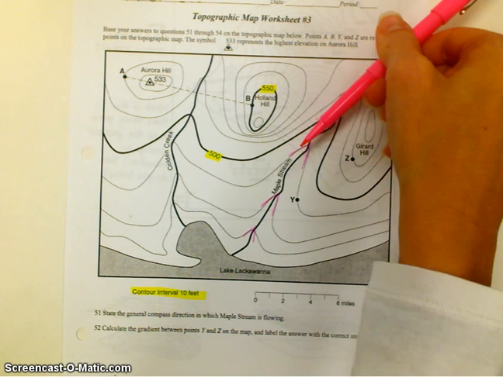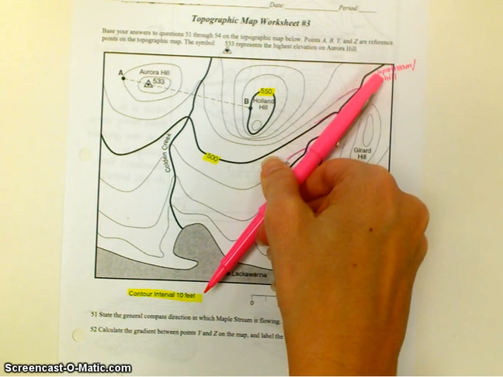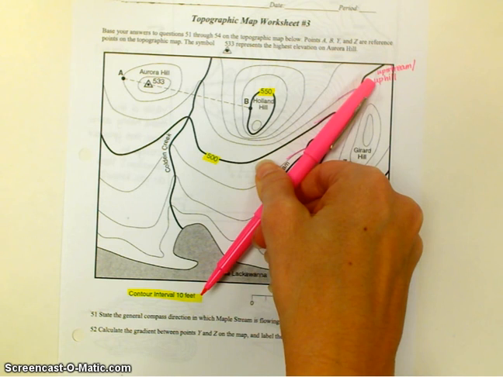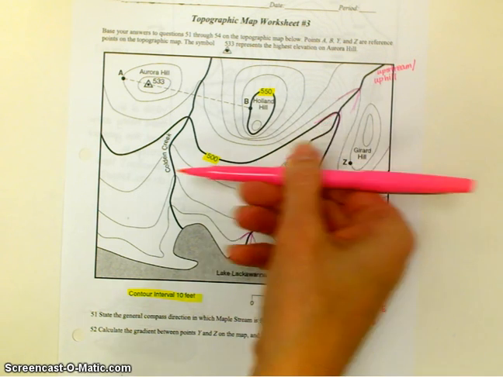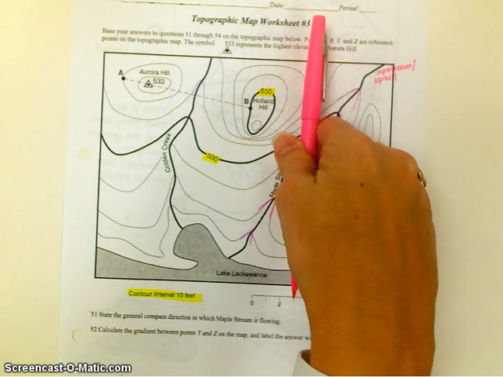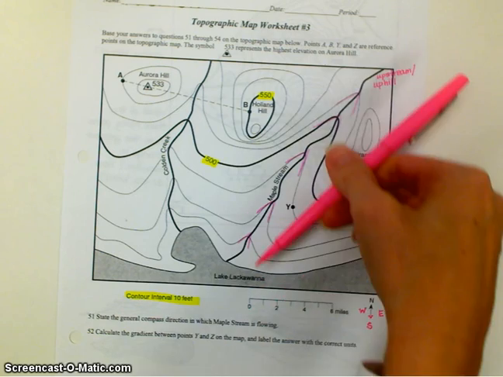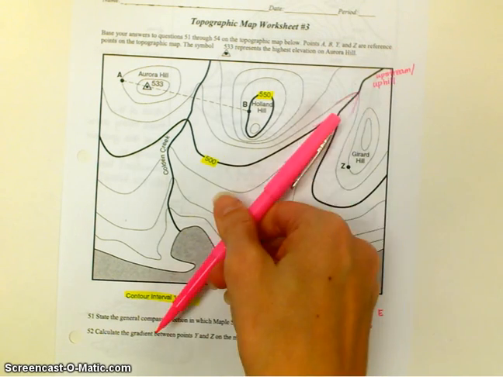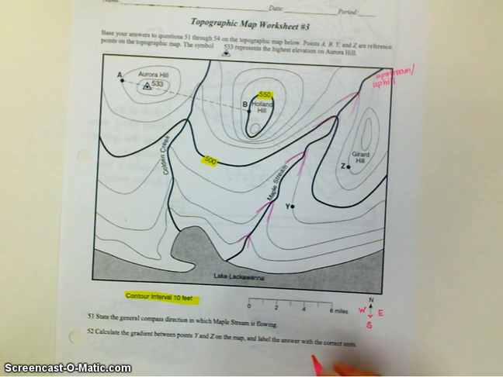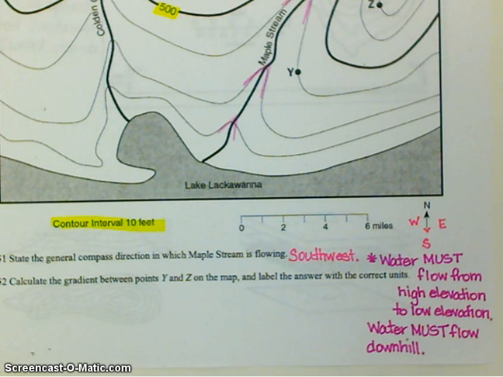If the stream is flowing this direction, that's not really west and it's not really south. It's sort of between the two. So we're going to say that the stream is flowing southwest. We said it was flowing southwest.